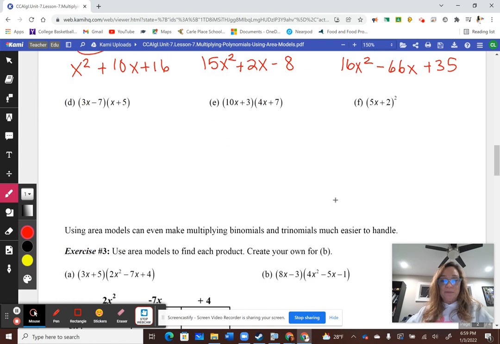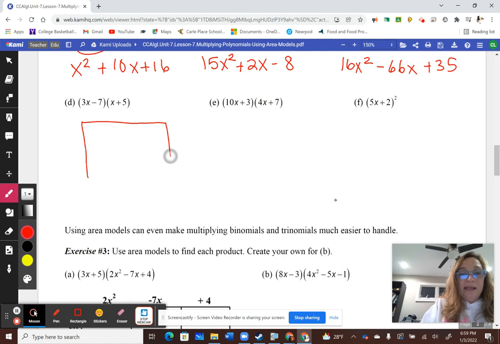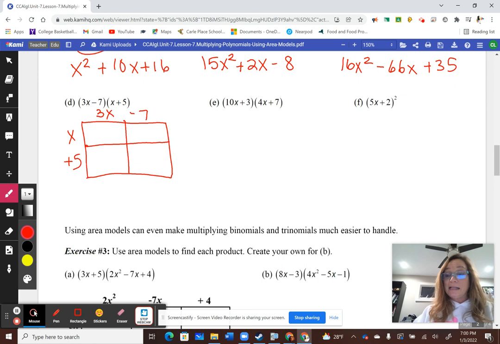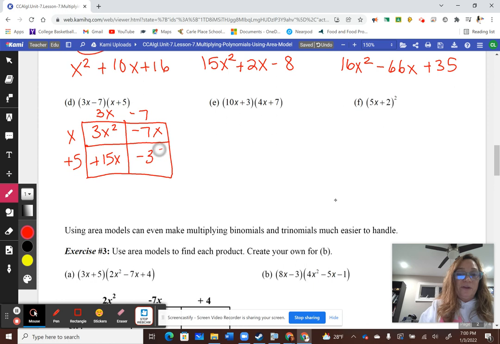All right. So they want me to draw my own boxes, which is not so hard. And listen, it's not an art class, so if the boxes aren't perfect, it's not a big deal. 3x minus 7, x plus 5. When you're an architect, make sure your boxes are perfect. All right, so it's 3x squared minus 7x plus 15x and a minus 35.